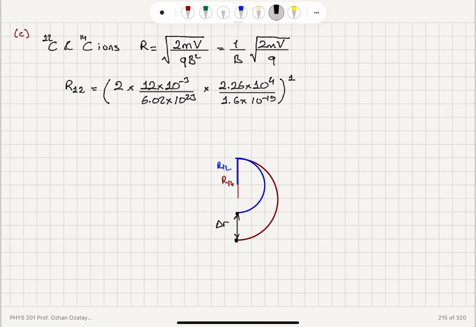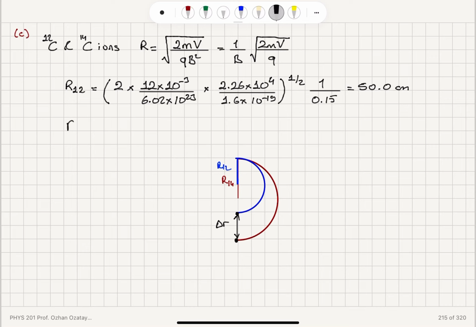This is inside the square root, multiplied by 1 over the magnetic field, 1 over 0.15, and that gives me 50.0 centimeters, the same answer I used in part B.